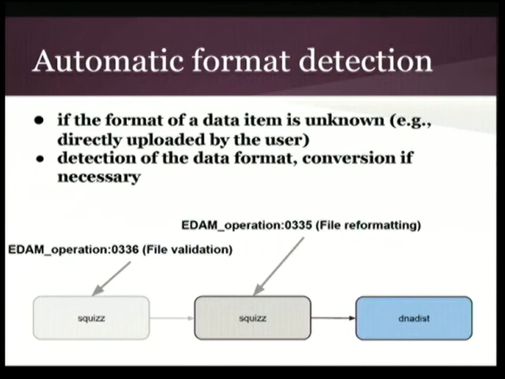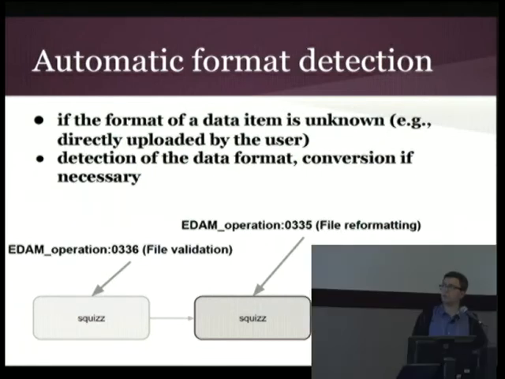We can also use this kind of information for automatic format detection when we don't know the format of the data that is provided by a user. Then we can automatically add first file format detection, then a file reformatting step.